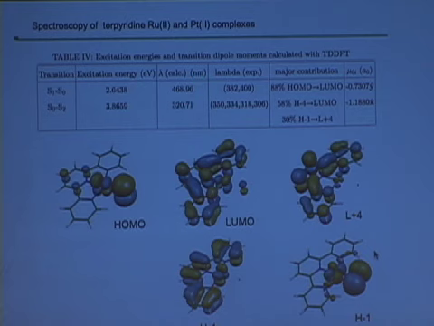The calculation also gives the major contribution of orbital transitions. For this one, it's mostly 88% HOMO to LUMO transition. The HOMO looks like this, and the LUMO looks like this. Here is where the metal is, and this is where the ligand is. So this is what we call a metal to ligand charge transfer.